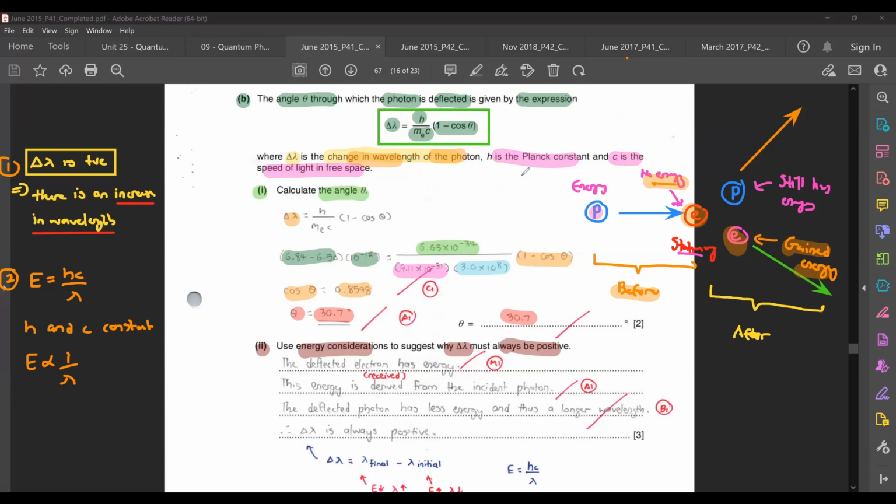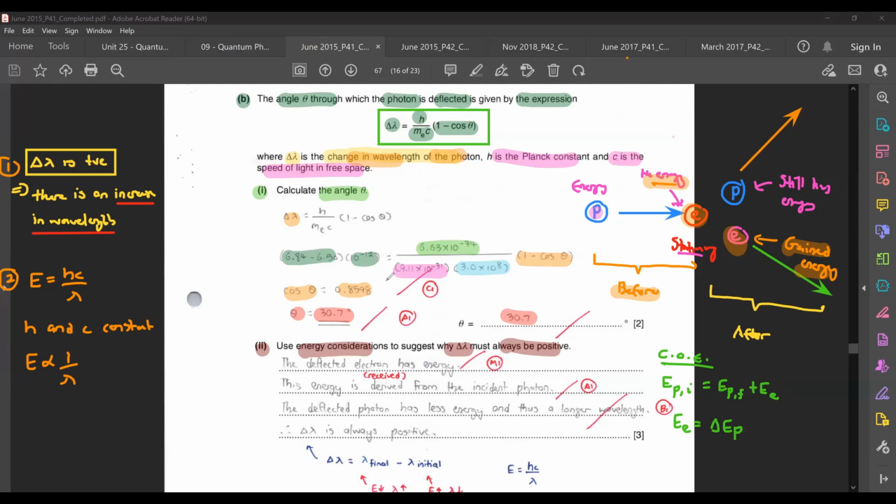If you try to write out some sort of conservation of energy equation, your energy of photon before collision is equal to your energy of your photon after collision plus the energy of your electron, such that the energy of your electron is actually the difference in energy of your photon.